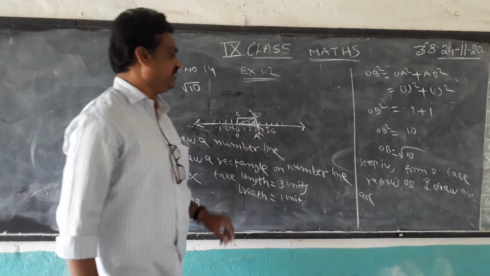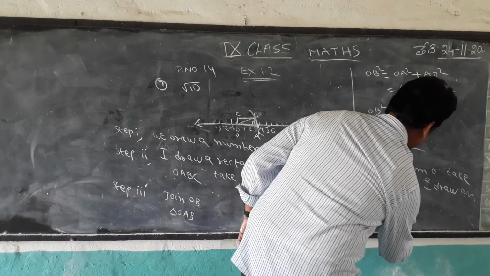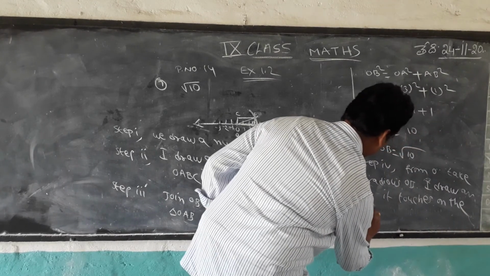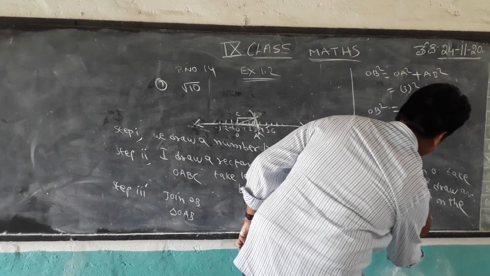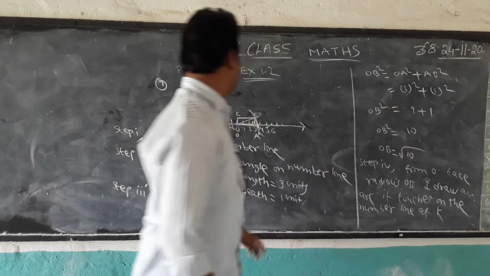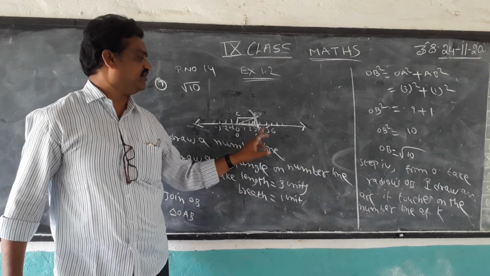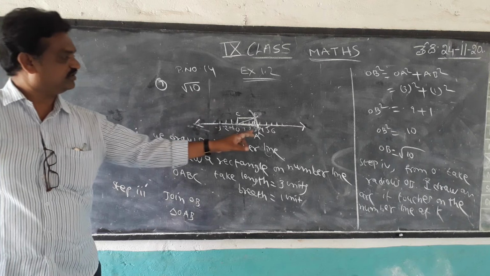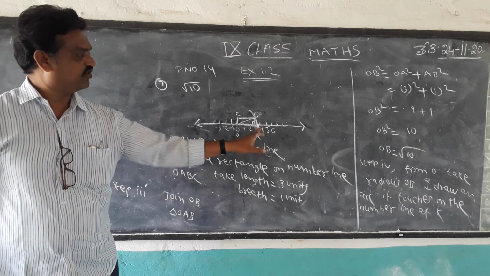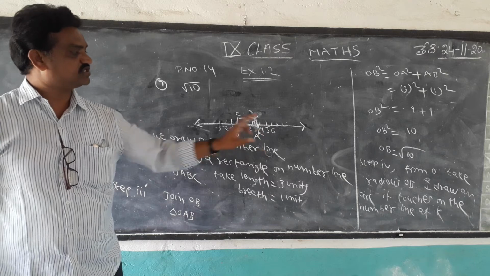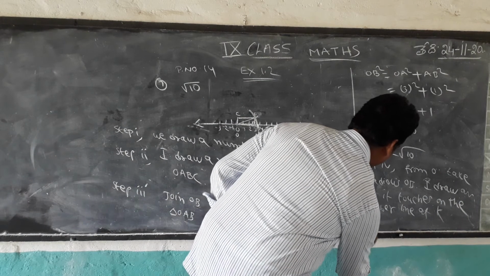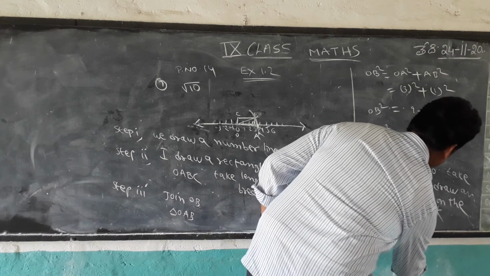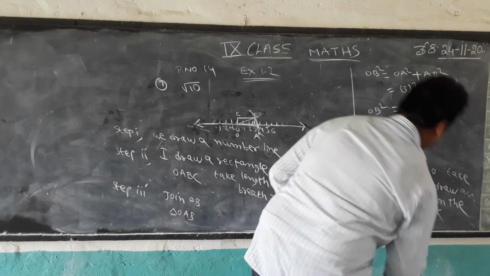It touches the number line at K. K value is after 3. We have to know that root 10 is more than 3, after 3 and before 4. Therefore, K represents root 10.